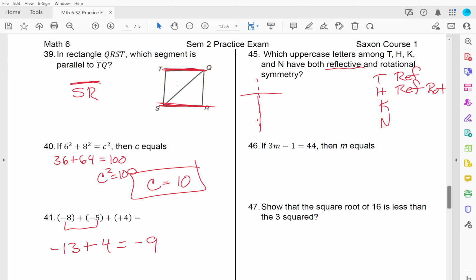K is not rotational, because if I rotate it, the K will be forced to point towards the other direction. So this has nothing, no reflections at all. N has rotational, because if I rotate it upside down, it's still going to look like an N. So that's rotational. Alright, which one has both? The answer is H.